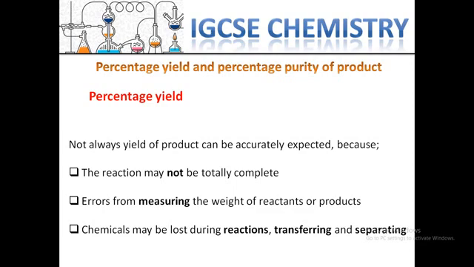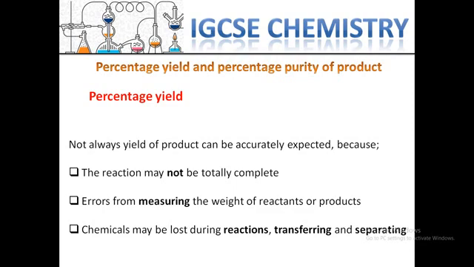Also, during a chemical reaction, we will face many errors. The errors can come from human error or equipment error. Sometimes when you are measuring your reactants or products, you face error from the equipment.